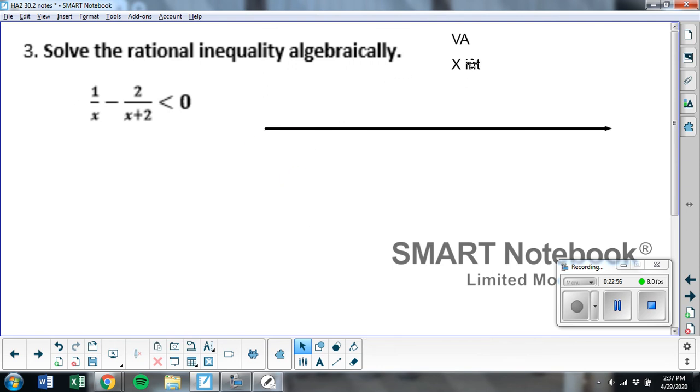Now you'll notice they didn't make this very nice and easy for us. We have to get a common denominator so that we have one fraction. So what does this fraction need to get multiplied by? This whole fraction needs to get multiplied by x plus 2. And this fraction needs to get multiplied by x. This is going back to lessons from a while ago.